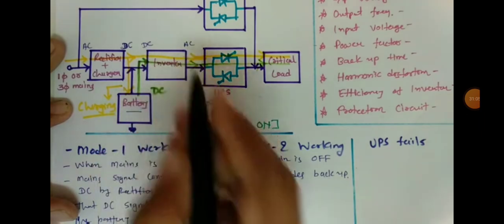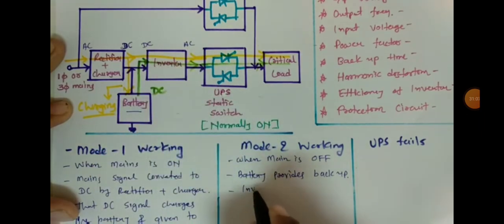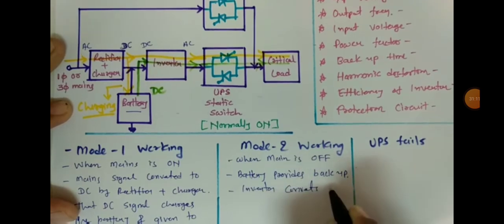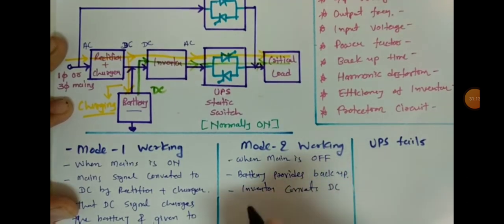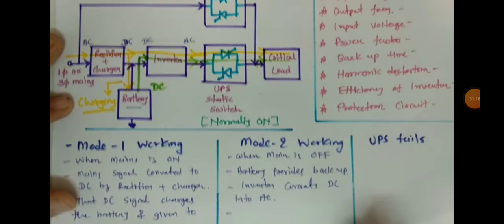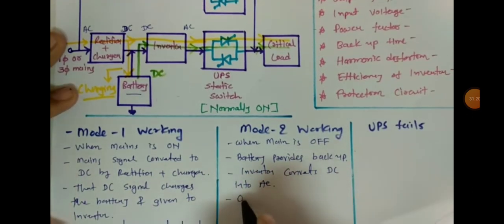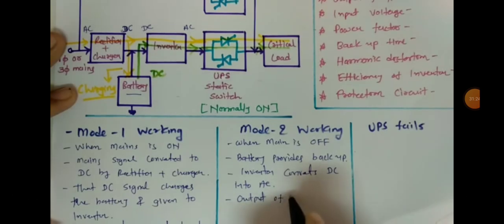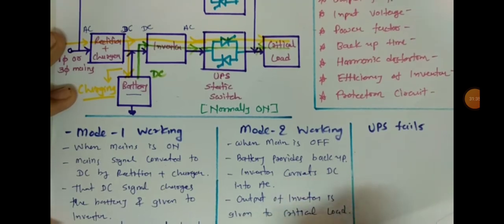Then the inverter converts DC into AC, and the output of the inverter is given to the critical load.